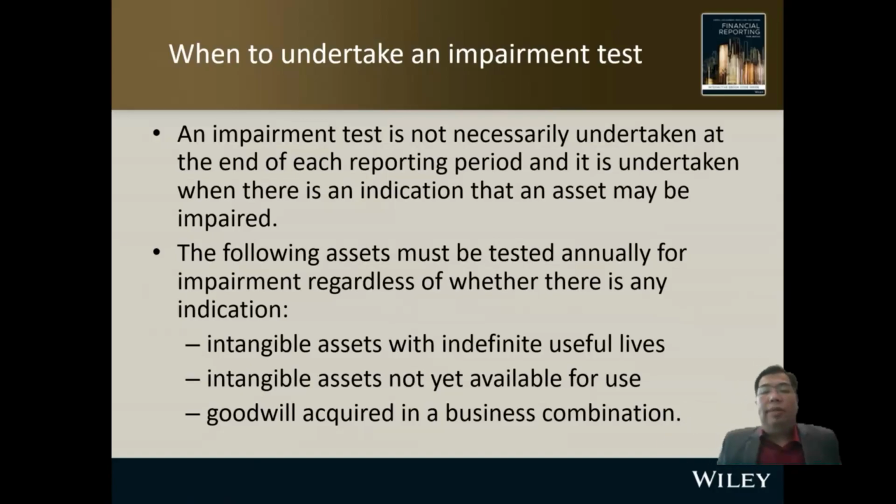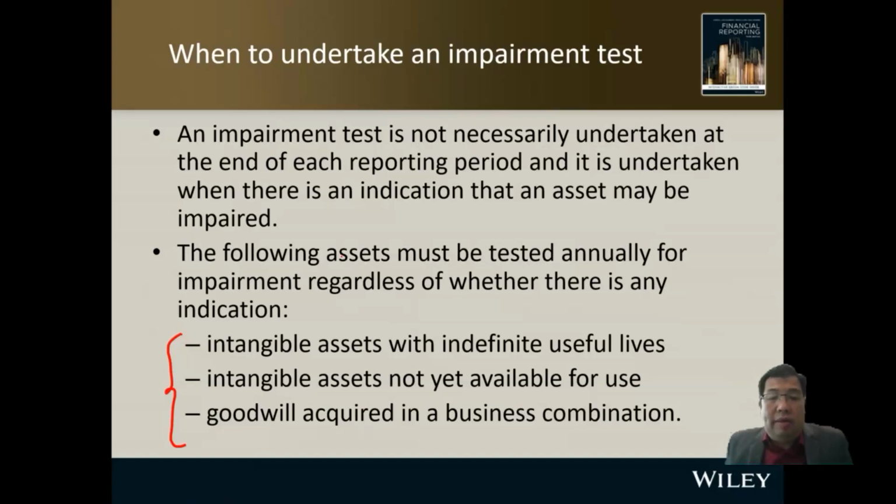So the following assets must be tested annually for impairment regardless of whether there is an indication. For these three kinds of assets, you need to do an annual assessment, an annual test, to see whether the carrying amount is greater than the recoverable amount.